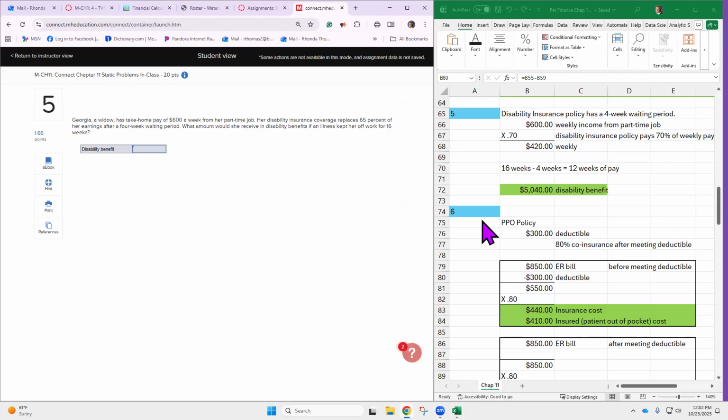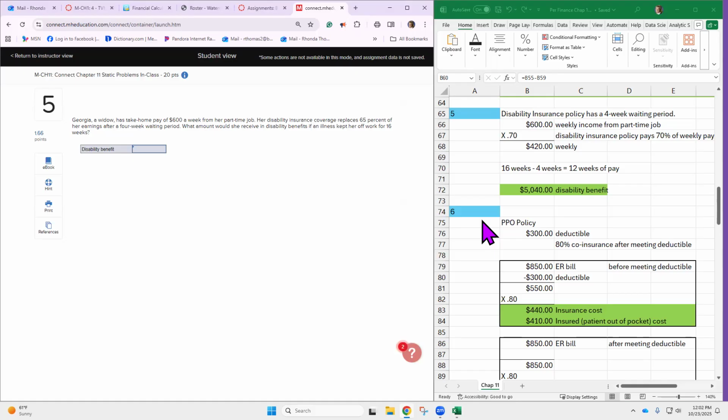Okay, so Georgia is a widow. She has take-home pay of $600 a week. And the disability amount that you receive is based on your weekly income. Most disability only pays about 70%. In this case, her policy pays 65% of her weekly income.